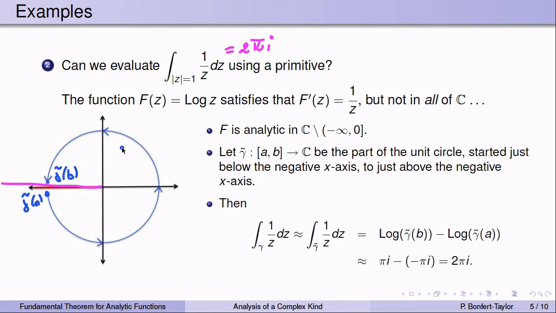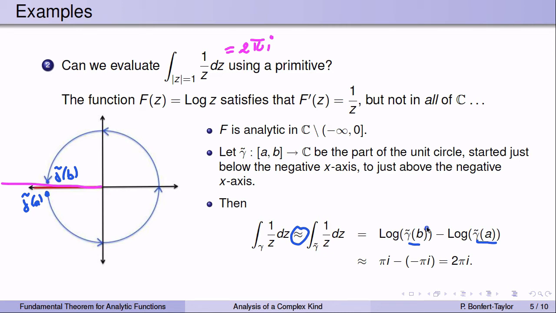So the integral over gamma of 1 over z dz is almost the same as the integral over gamma tilde, and we can make this as good as we want to. But when we integrate over gamma tilde, we have an antiderivative. The antiderivative of 1 over z is log z. So we can take the logarithm evaluated at gamma tilde of b, subtract logarithm of gamma tilde of a.